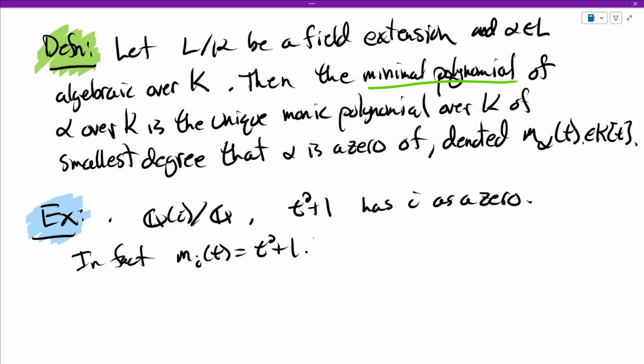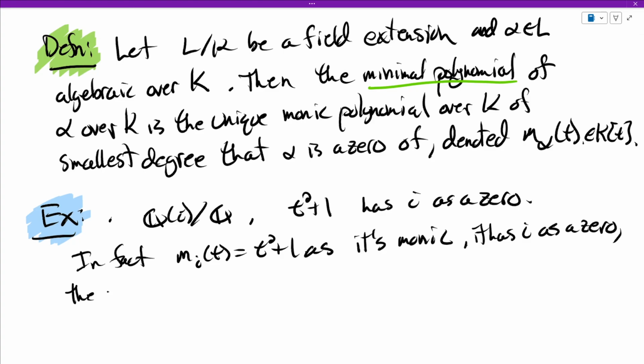So m sub i of t is this t squared plus 1, if we keep with our notation from the definition. And the reason is, well, it's monic. Certainly, the leading coefficient is a 1. It has i as a 0. Great. And no smaller degree polynomial has i as a 0. Why? Well, there's only one smaller degree to check, and that's linear ones.